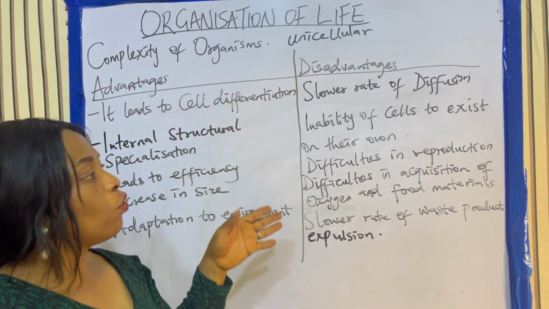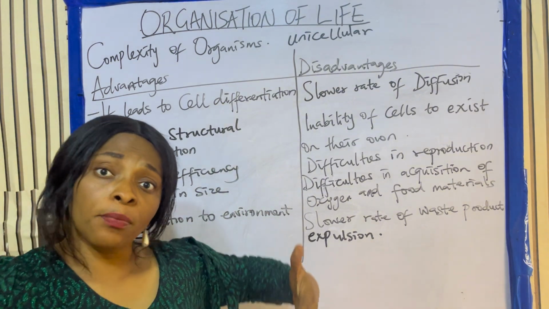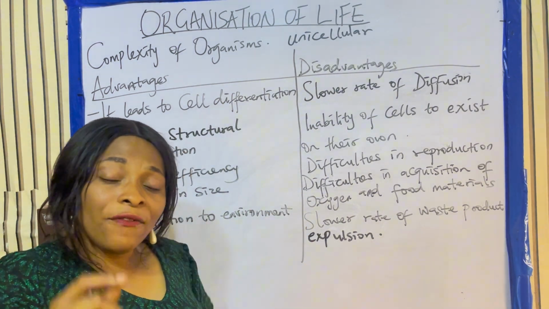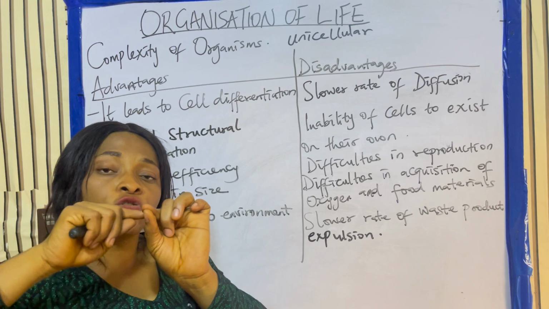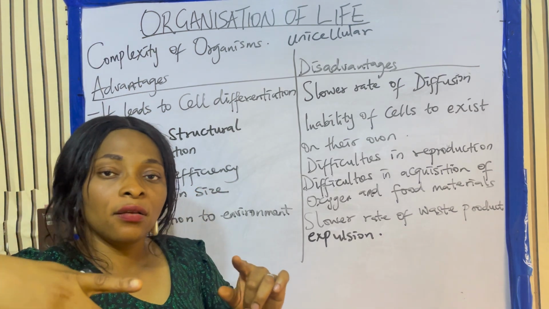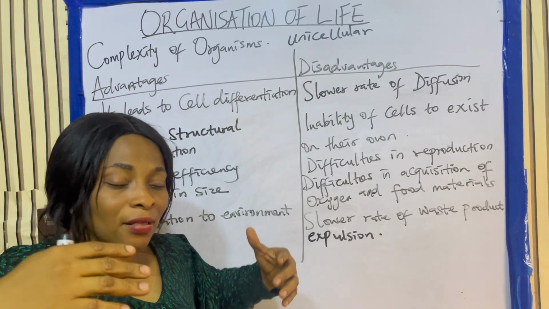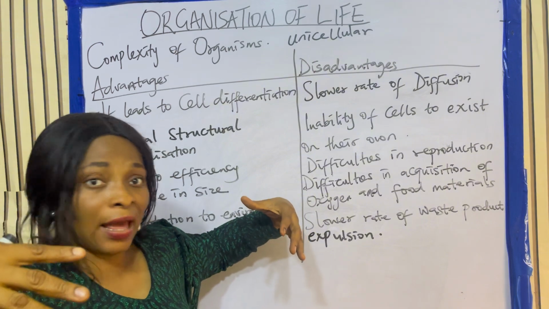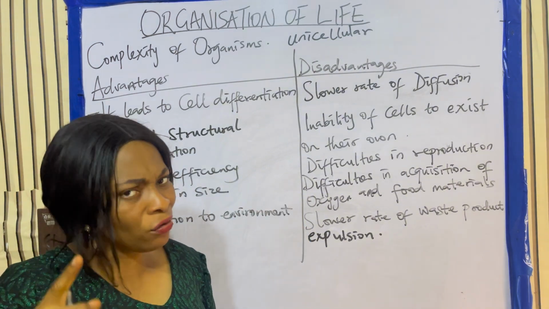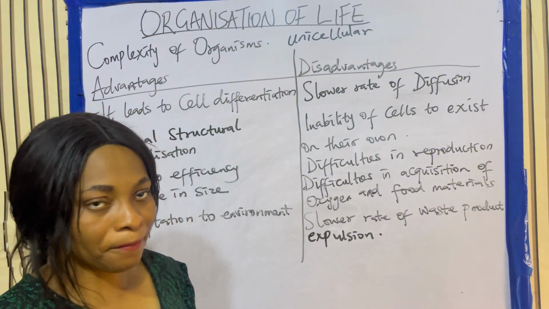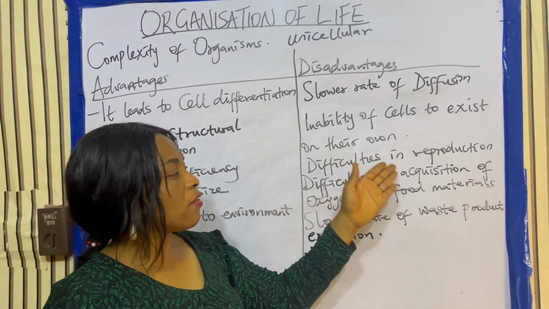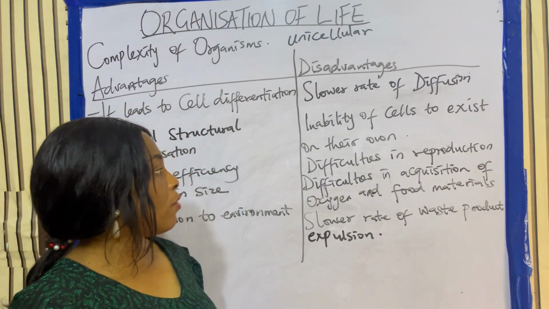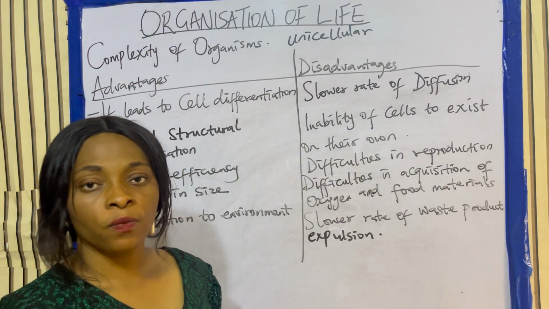So let's look at the disadvantages. Number one, there is lower rate of diffusion because the body is large. If you have one cell, once there is diffusion, it will go through quickly. But for organisms that are big like man, will it go through quickly? No, it's going to take time. Number two, inability of cells to exist on their own.